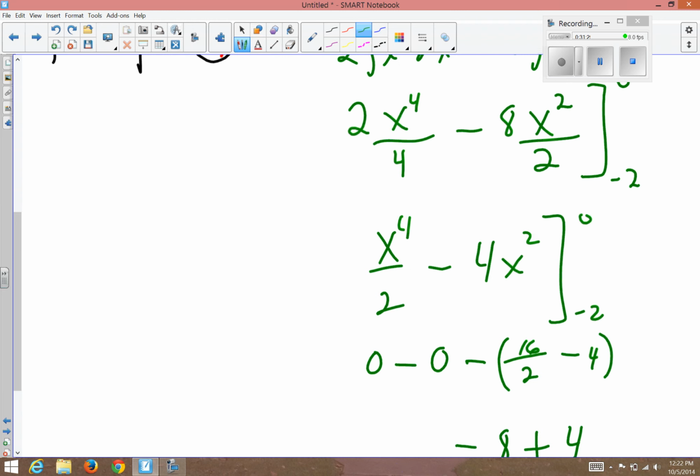Right, the mistake is right here. When we put -2 in here, 16 over 2 is right. But -2 squared is 4, and 4 times 4 is 16. I'm fixing that right there.